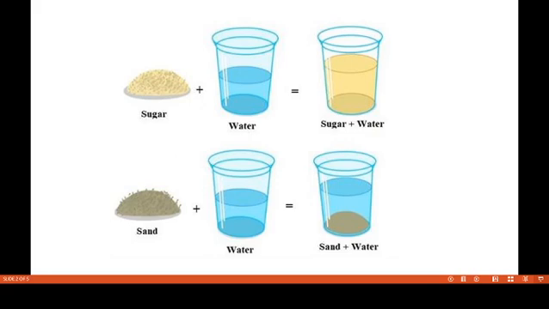So based on the solubility, different types of solution can be obtained. One is saturated solution, another one is supersaturated solution. What is a saturated solution? A saturated solution is a solution where a given amount of solute is completely soluble in a solvent at a given temperature.